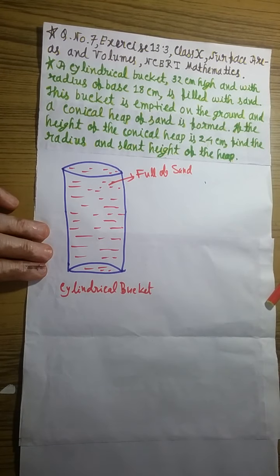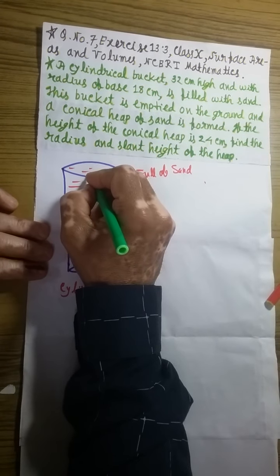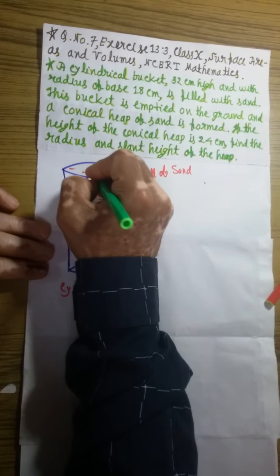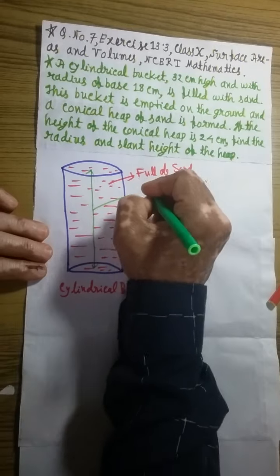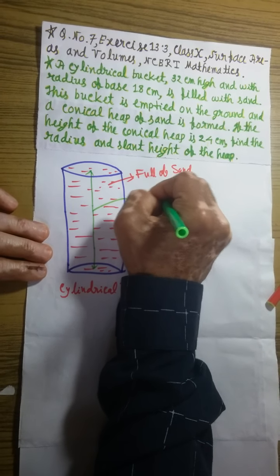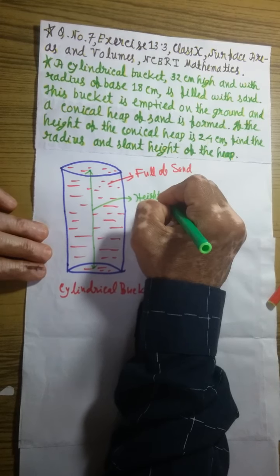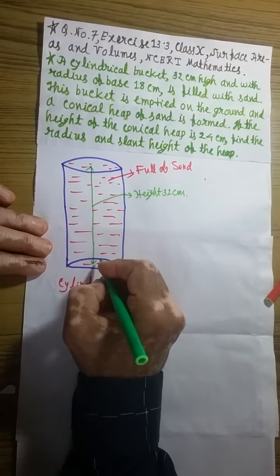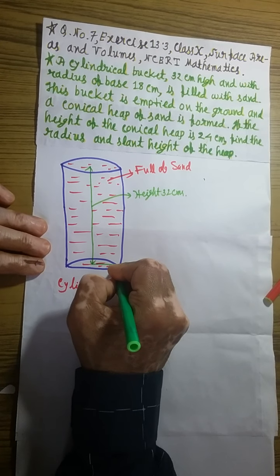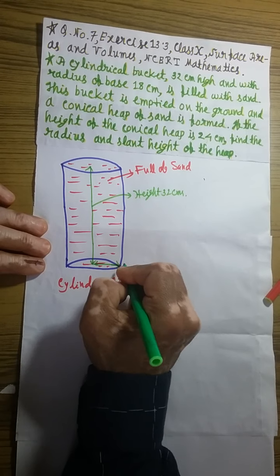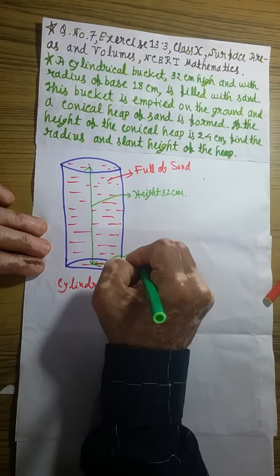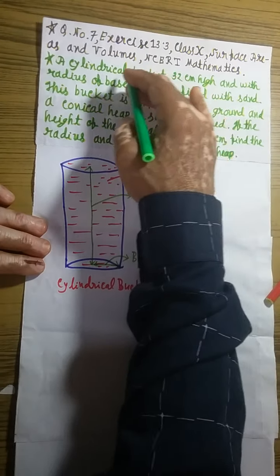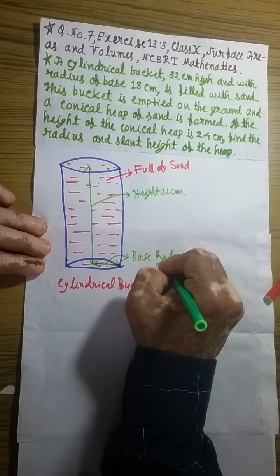And according to the question, the height of this bucket is 32 centimeters, and the base radius of this bucket according to the question is 18 centimeters.